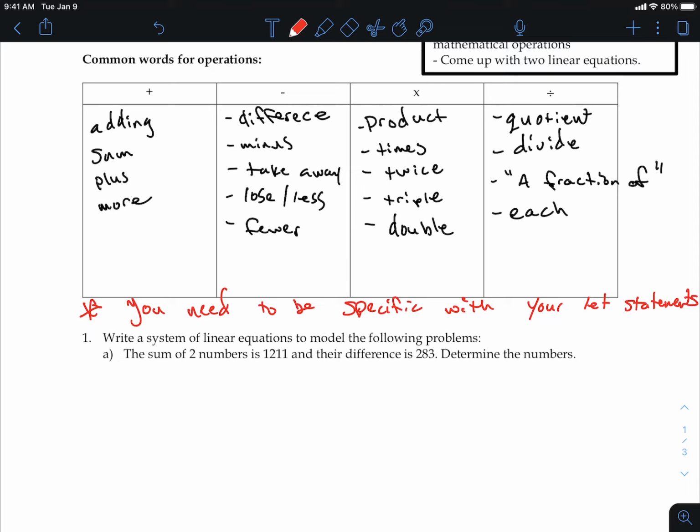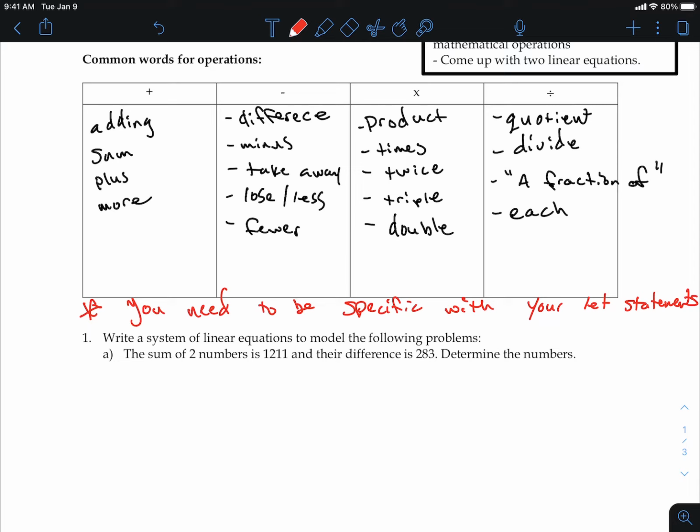Okay. So everybody good? As we look at the first question here, you're going to try and write a system of equations that ultimately you're able to solve. We can choose to solve it later if you want to. That's basically what we're going to do for the next 4 lessons after this.